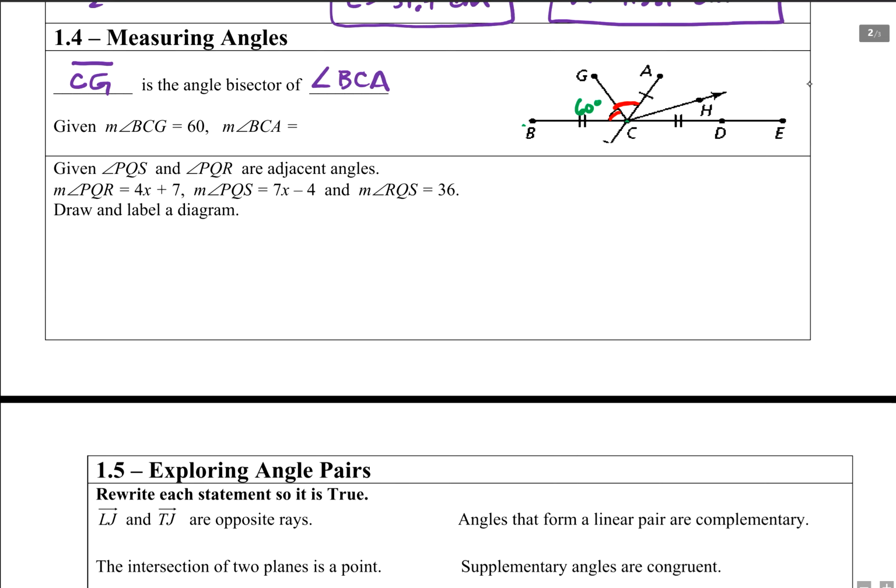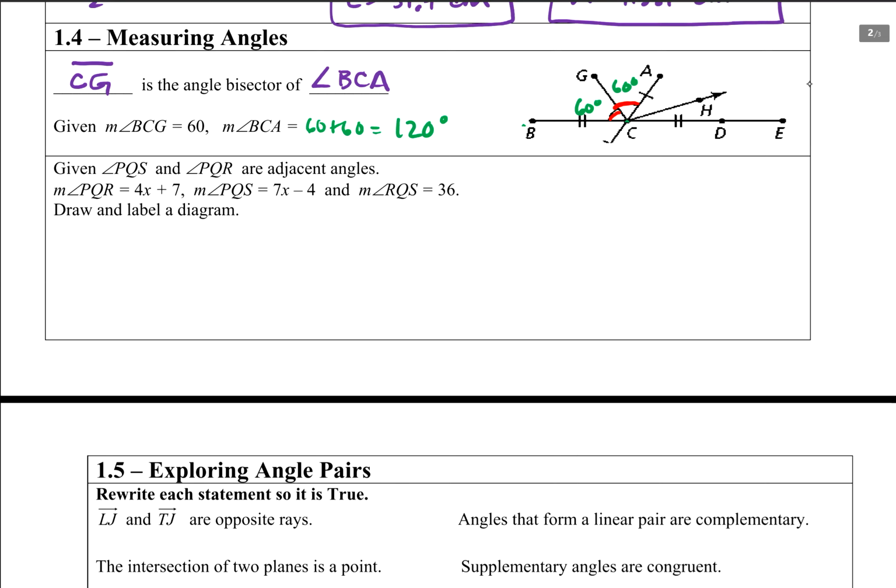What is the measure of angle BCA? Well, as soon as I mark that 60 degrees, I can mark that 60 degrees. So I know that it's just 60 plus 60 is 120 degrees. Congruent is awesome.